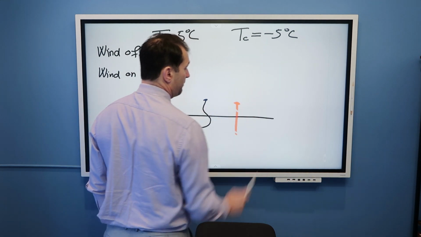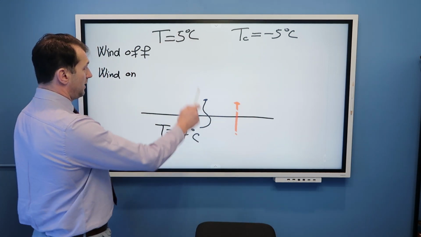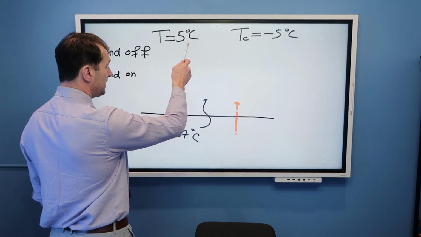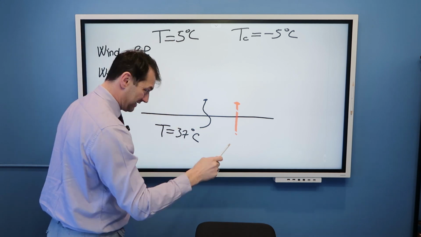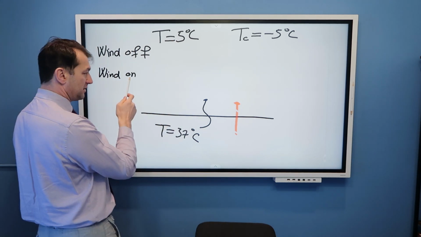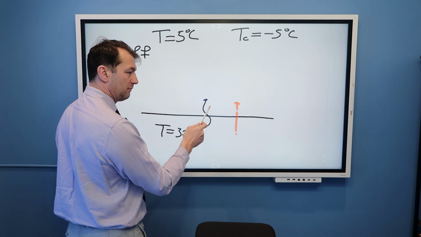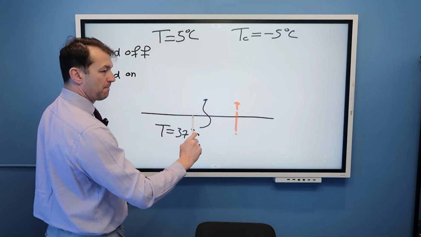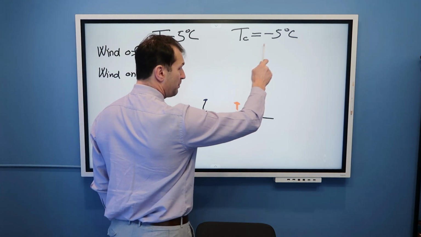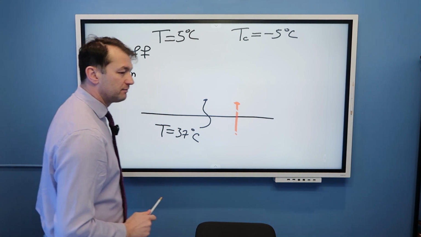This value over here means, yes, outside temperature is 5 degrees Celsius, but because there is wind, you will start losing heat at a rate as if outside temperature was negative 5 degrees Celsius and there was no wind.